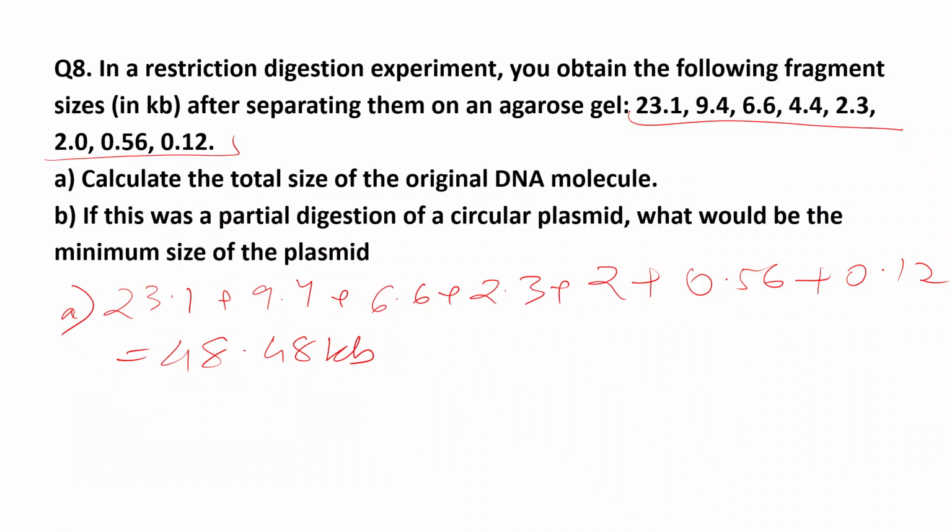And the answer to part B: if this was the partial digestion of a circular plasmid, what would be the minimum size of the plasmid? So remember, it is asking for the minimum size here.